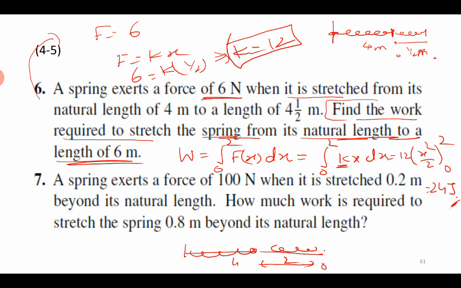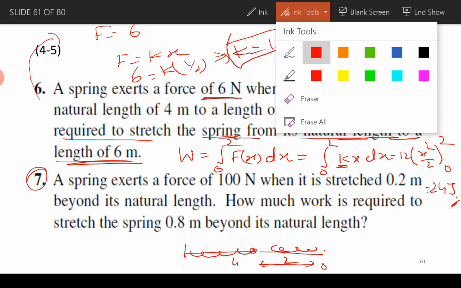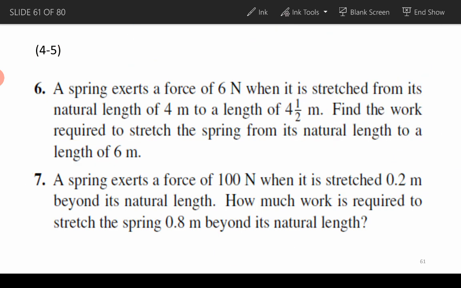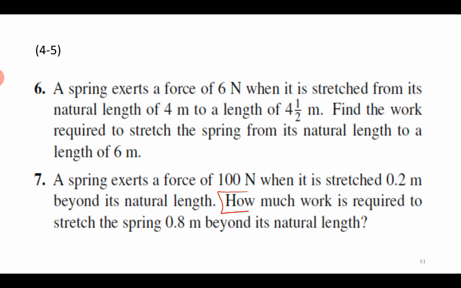So find k by using the information given, and use the k for the second part. The same way you can try problem number 7. How much work is required to stretch the spring 0.8 meter beyond its natural length?